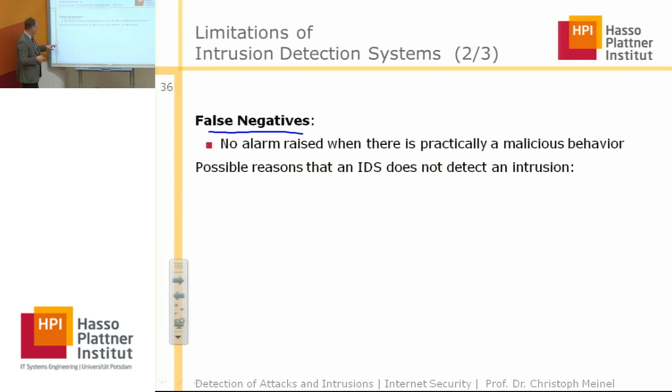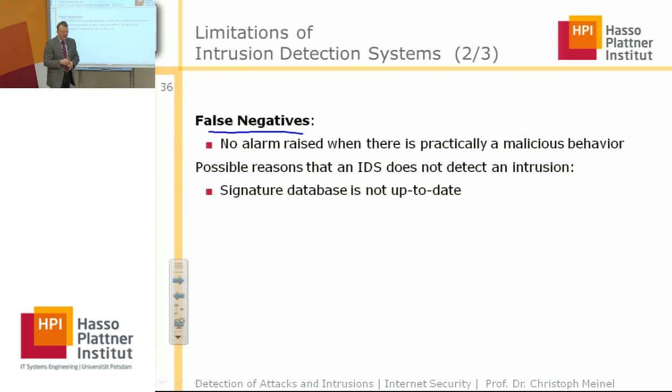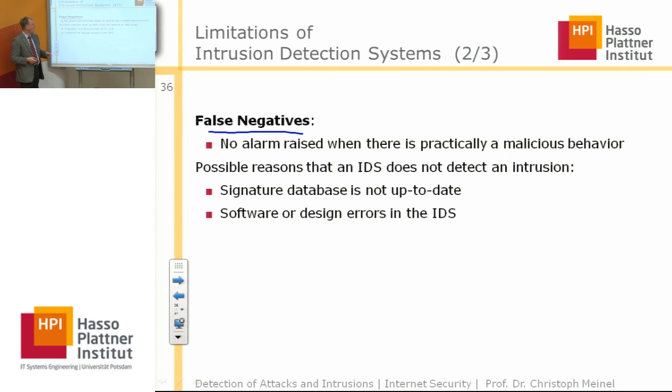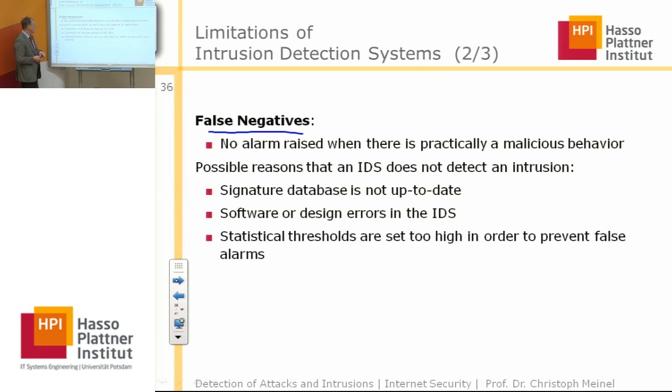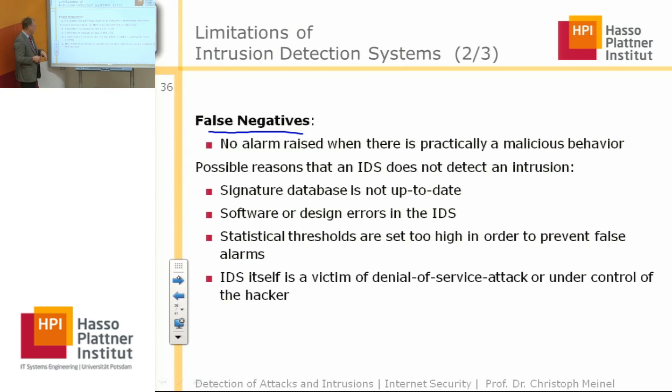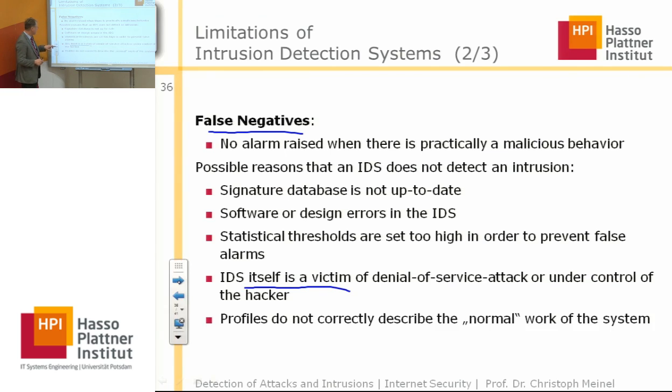The possible reasons why an intrusion detection system does not detect an intrusion are that the signature database is not up to date, that there is a software or design error in the intrusion detection system, that the statistical thresholds are set too high in order to prevent alarms, or that the intrusion detection system itself is a victim of a denial of service attack, so that it's meanwhile under the control of the attacker.